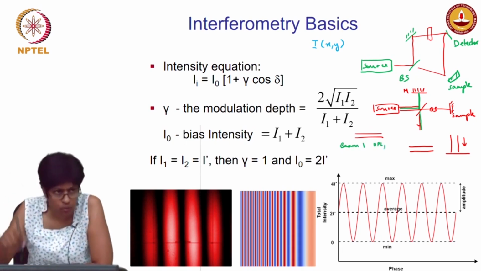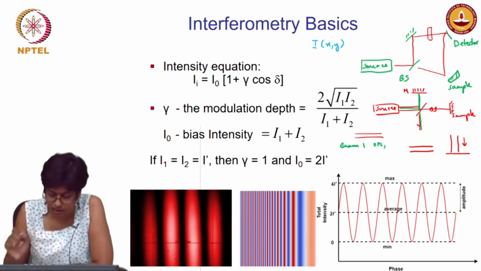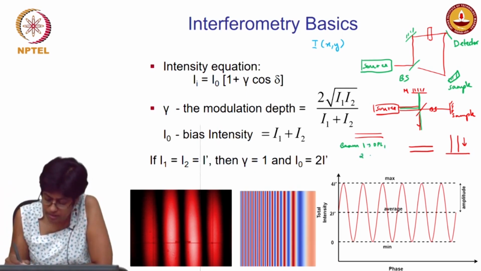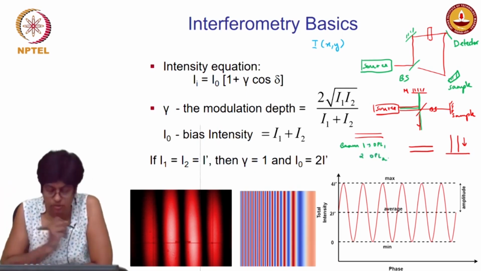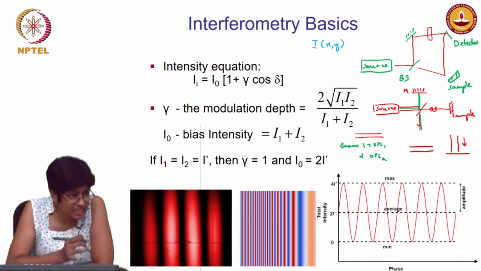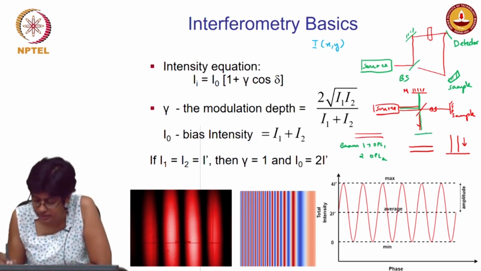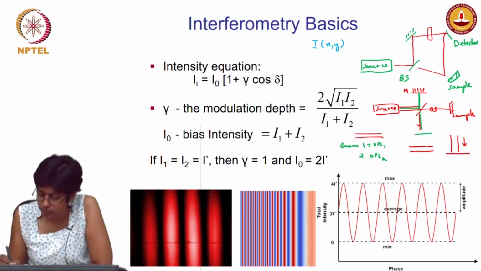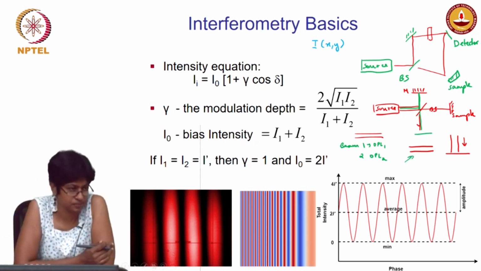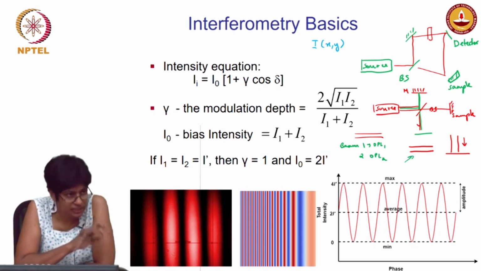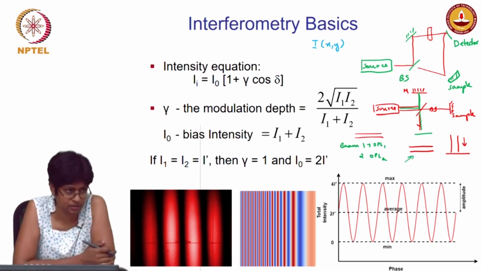That takes into account all this double distance. And beam 2 has traveled an optical path length OPL2. And having each traveled this path length, they have arrived at the detector here with wavefronts as I have shown over here. So it takes into account the entire path length that is traveled.